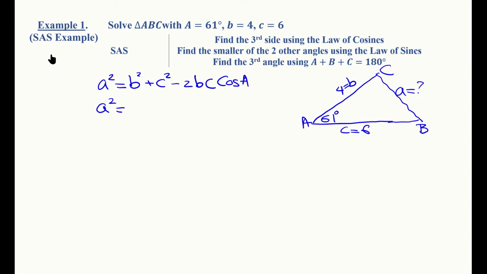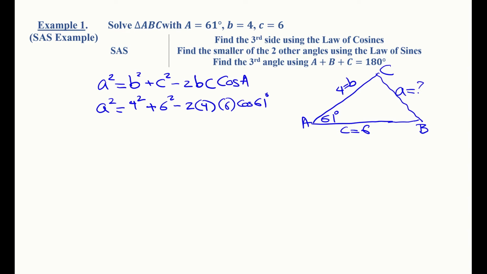Okay, so we have A squared equals B squared, so that's 4 squared, plus C squared, so that's 6 squared, minus 2 times 4 times 6 cosine of A, which is 61 degrees.